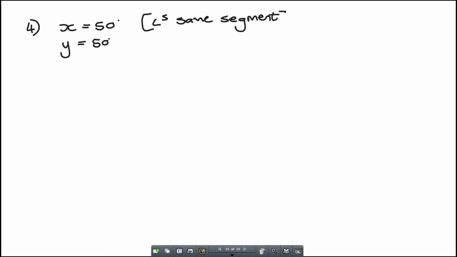Number 4 was that new one. So X would be 50 and Y would also be 50. Nee, wat was ons rede daar? Daar sê angles in same segment.